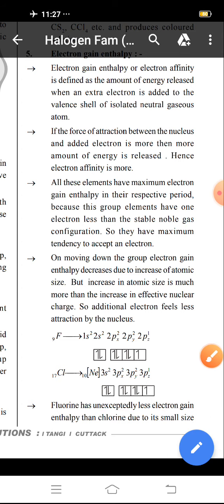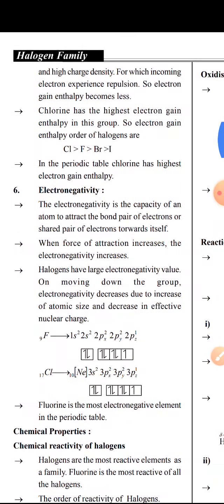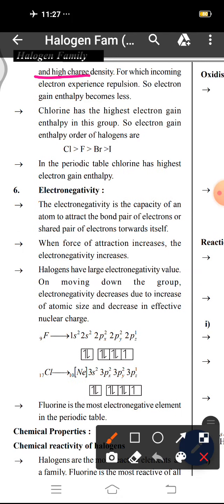Due to its small size and high charge density, a repulsion occurs between the incoming electron and the present electrons. So the nucleus attracts the extra electron weakly. So due to weak force of attraction, electron gain enthalpy becomes less.